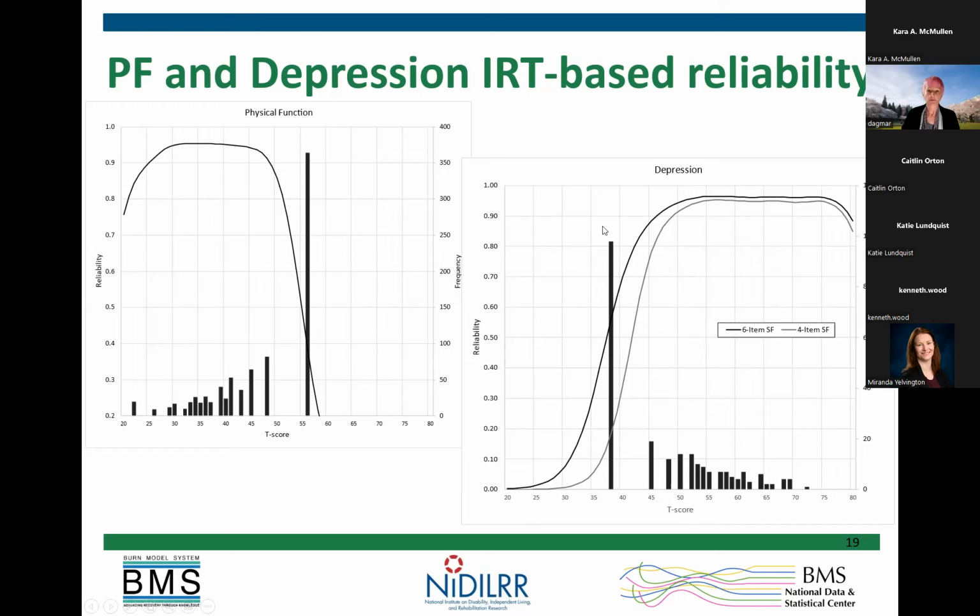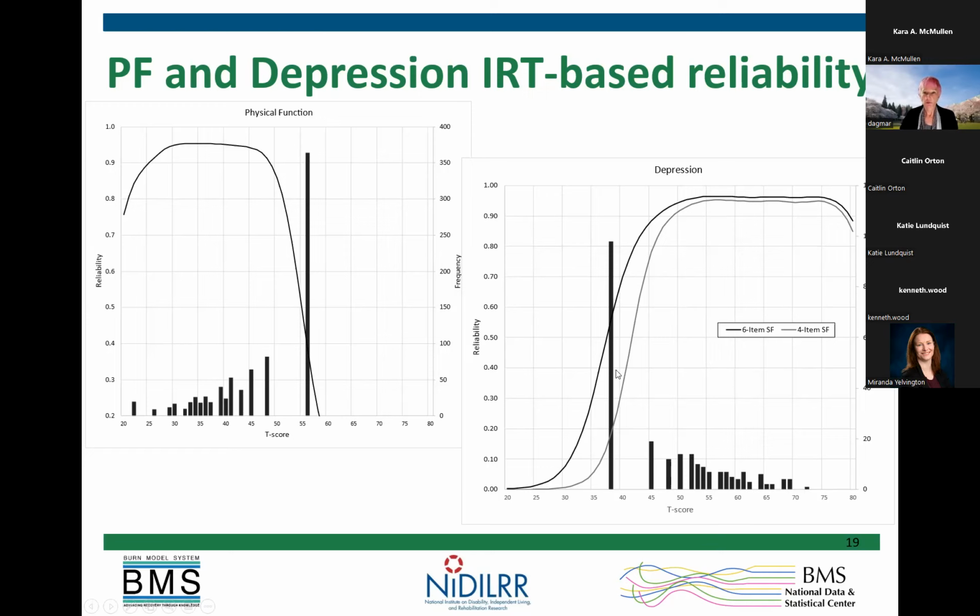So we have a lot of people in our sample that have very low depressive symptoms, and we're happy for them and we don't worry about them, and we don't worry about the precision with which we measure them. We do worry about people who are at risk for major depressive disorders or who have higher depressive symptoms.